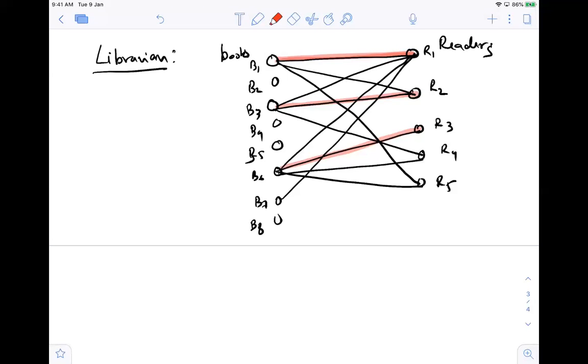No. Why not? Reader 1 can get B7, and so one more reader can get a book. So you're saying that maybe if I don't give B1 to reader 1, and instead give B7 to reader 1, then B1 is empty, and then I can give B1 to another reader.